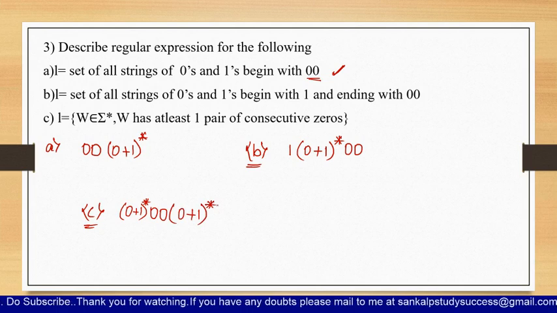That means any combination of zeros and ones should be followed by at least one pair of consecutive zeros. You can have one or more than one, but you should have at least one pair of consecutive zeros. So in this way, we are going to find the regular expressions.